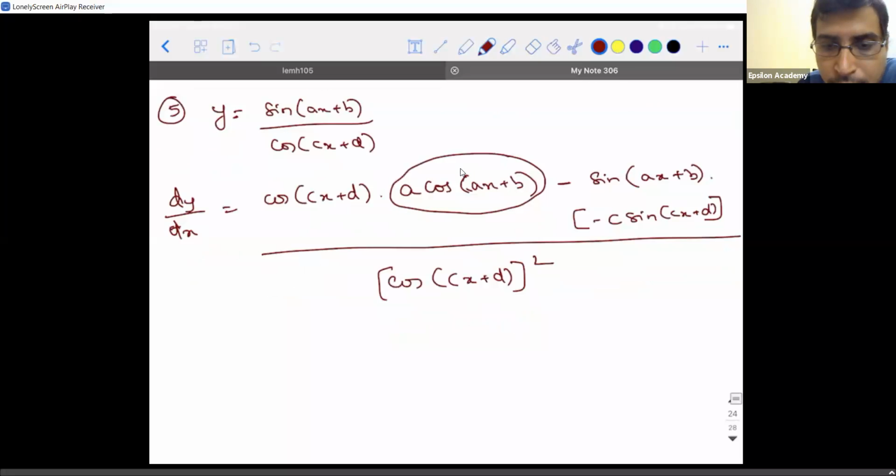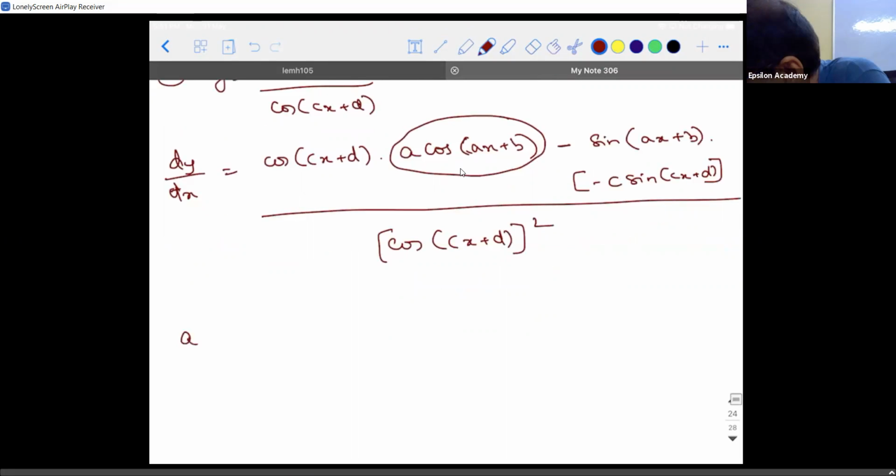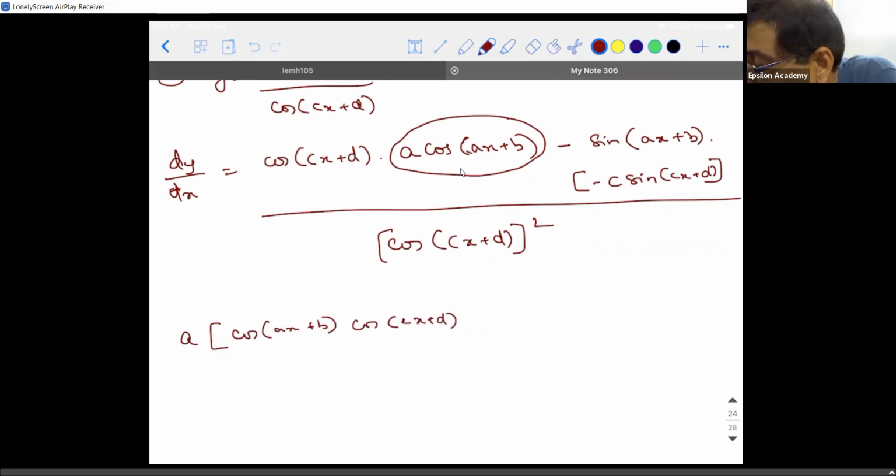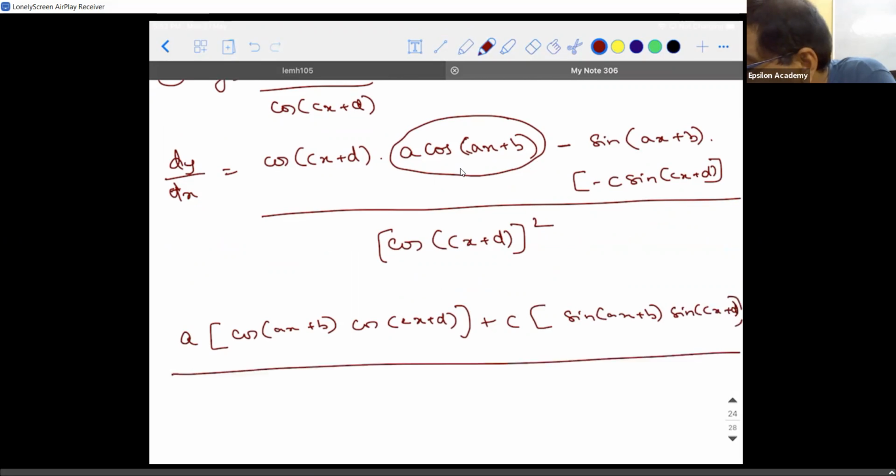So what will be the answer? It is a cos of ax plus b into cos of cx plus d plus c into sin of ax plus b into sin of cx plus d, the whole divided by cos of cx plus d, the whole square.